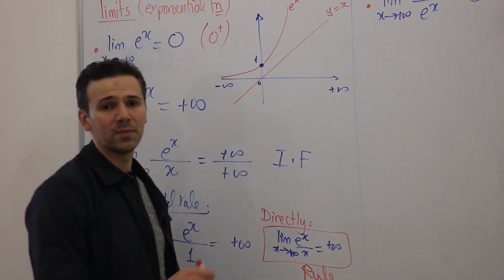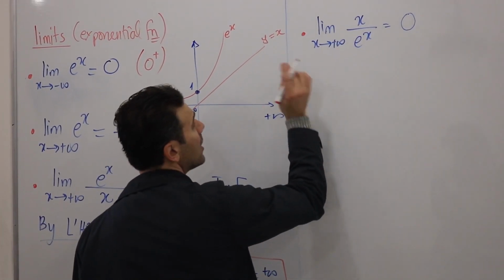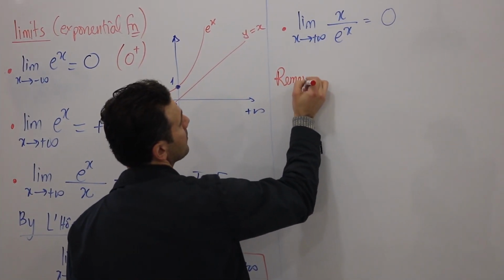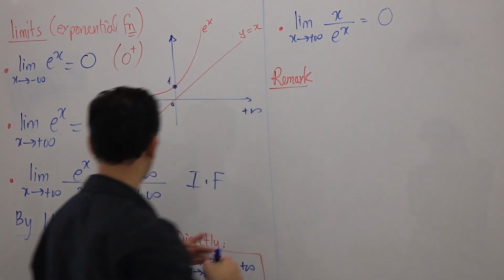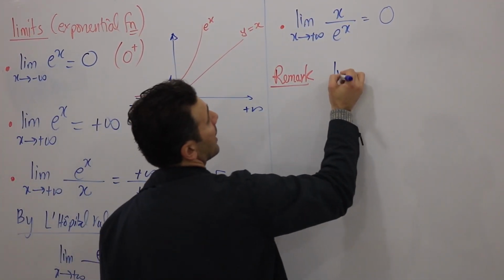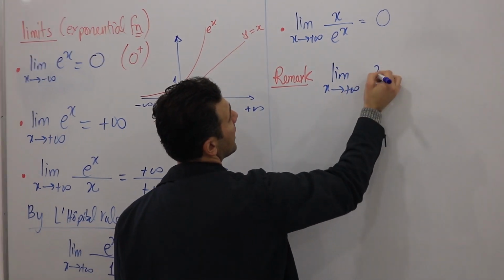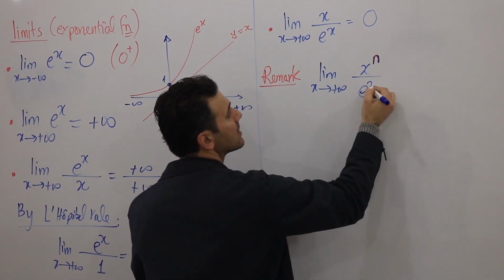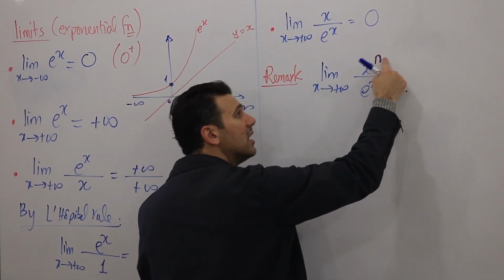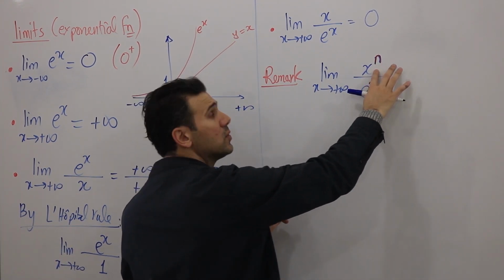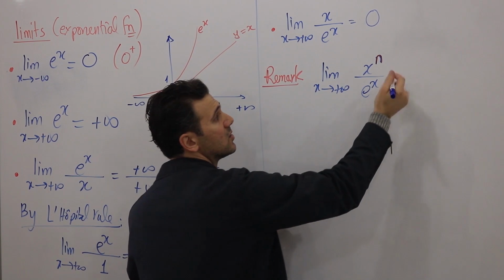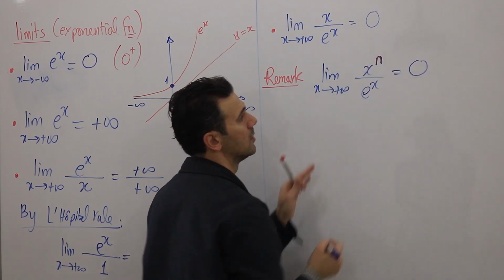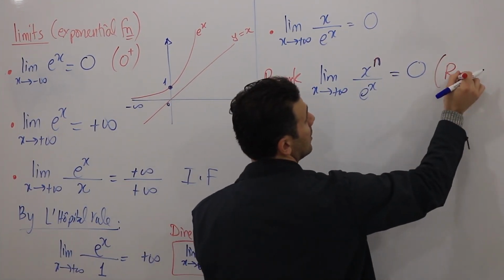Okay? Let's see some simple examples on these limits. Before that, sorry, I'd like to tell you a small remark. Similar to these last two cases, if we have the limit as x tends to plus infinity of x^n over e^x, even if we have x^n, it still goes to plus infinity slower than e^x. So the result will be number over very large number, it will be what? 0. Directly you can use this as a rule.